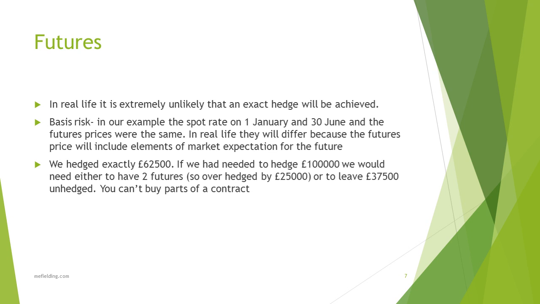Okay, this just sums up what came at the end therefore, and you need to be comfortable with this. That is a theoretical example of how your future works. As we said, in practice it won't work. It won't work for actually 3 reasons, even though there's only 2 reasons given you on here. The first reason is what we call basis risk, and it's this idea that the spot rate today will be different from the futures price.